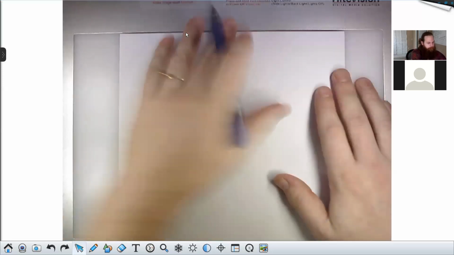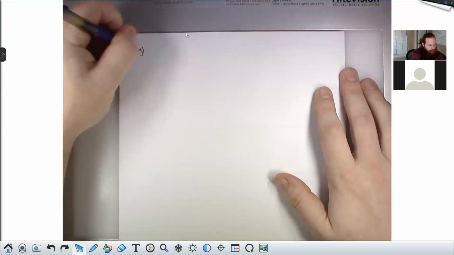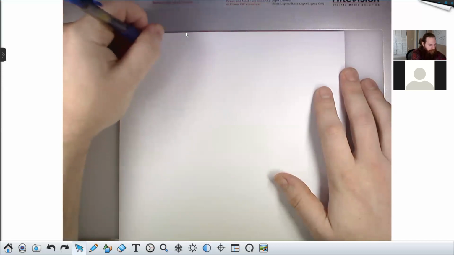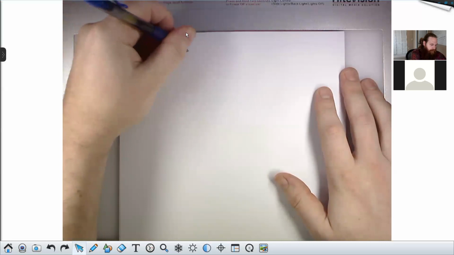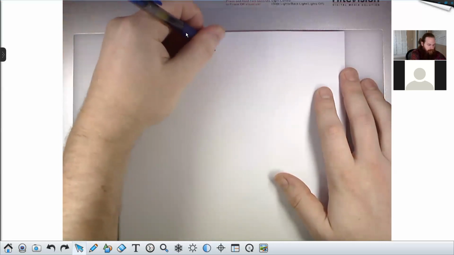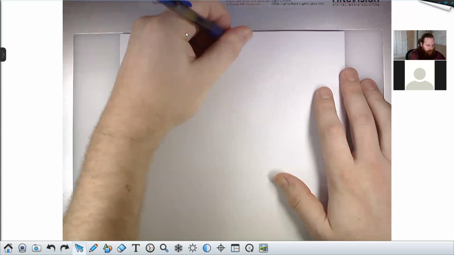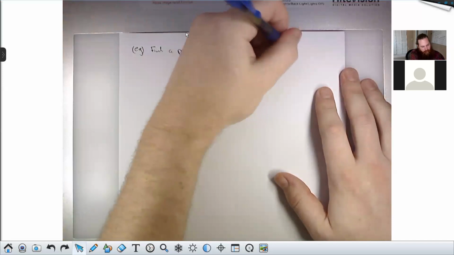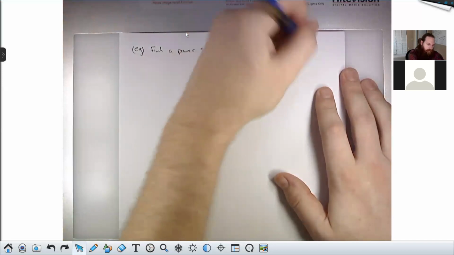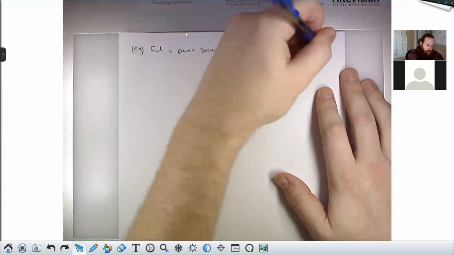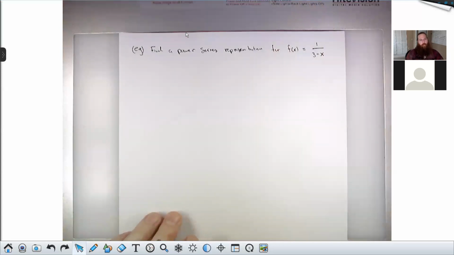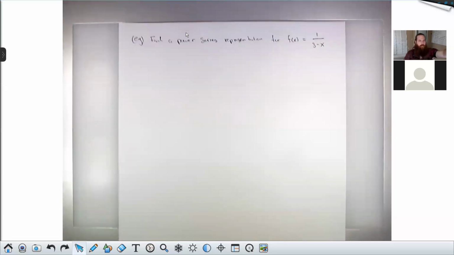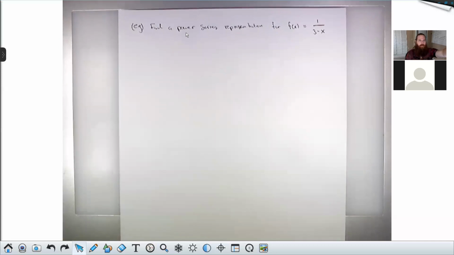So let's begin here. What if that is a 3 instead of a 1? Can I find a power series representation for the function 1 over 3 minus x?